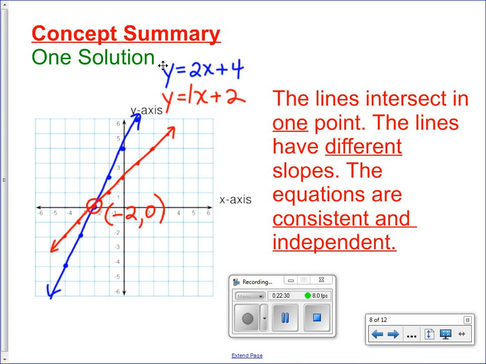Note that's actually 1x, so our slopes here, 2 on one and 1 on the other, are different. The equations are consistent because we have a solution, and they're independent because we have exactly one solution.